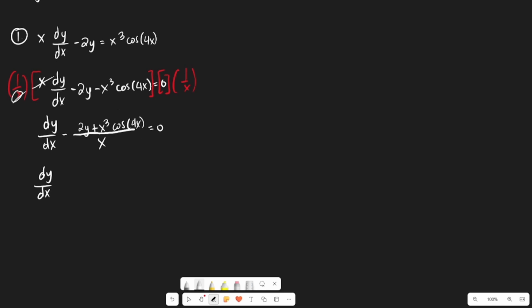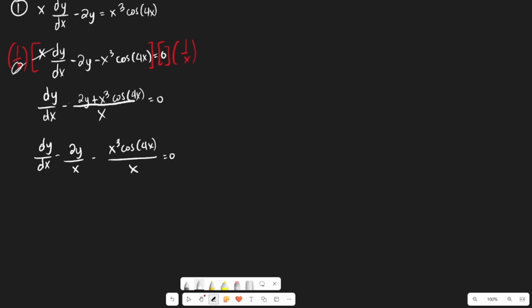When we do that, let's distribute the negative sign again. So we have negative 2y over x. Then let's distribute the negative sign again to x cubed cosine 4x, so we have negative x cubed cosine 4x over x is equal to 0. So why did we do that?